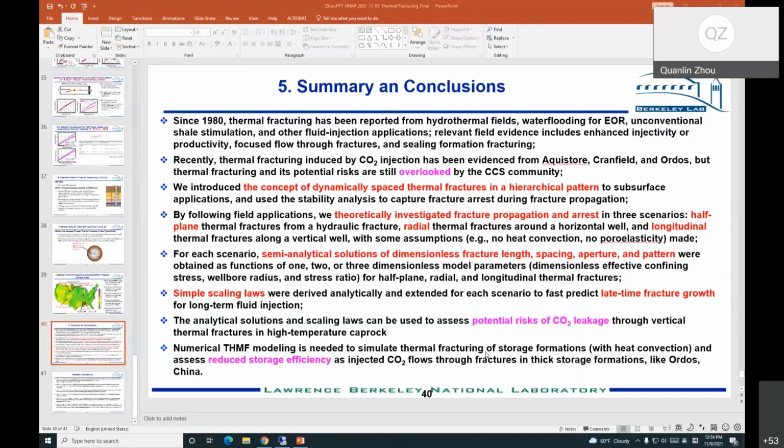It is still under review, but the last round was minor revisions. I think we submitted, so it should be very soon. The other two are still under review. Once they are published, I can share them with you.